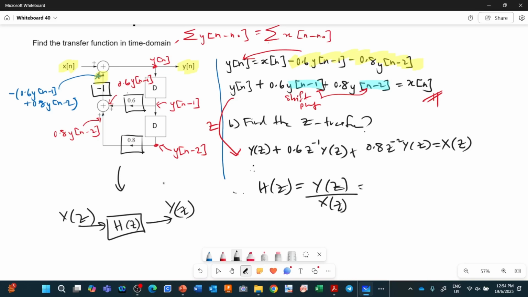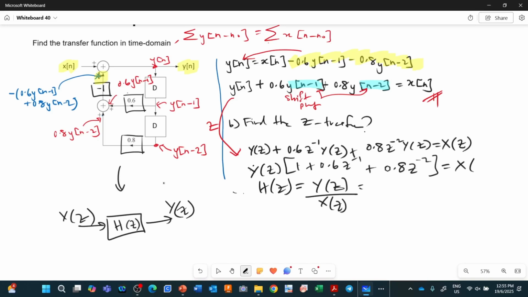So this one basically we can rearrange it again. I'm just writing here Y(z) times 1 plus 0.6 z^-1 plus 0.8 z^-2, equivalent to X(z).